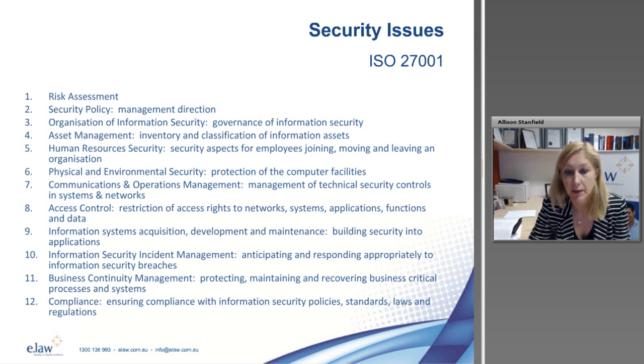Business continuity management, that's just, I guess, general good governance procedures, making sure that business critical processes and systems are maintained. And then finally, compliance, making sure information security policies, standards, laws and regulations are all adhered to.